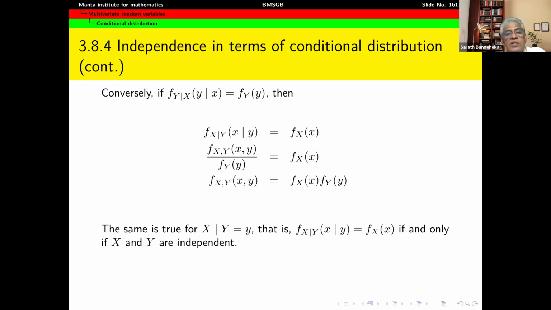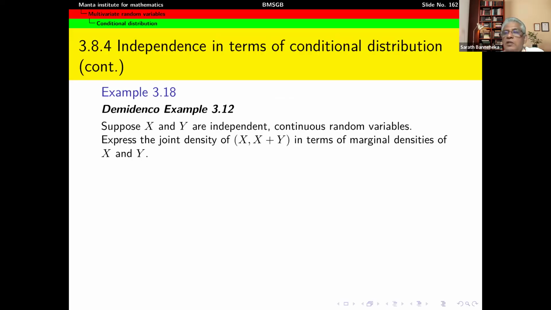Now, using this idea of independence, either the first definition or the second definition here, we will look at an example where this idea of independence will be used.